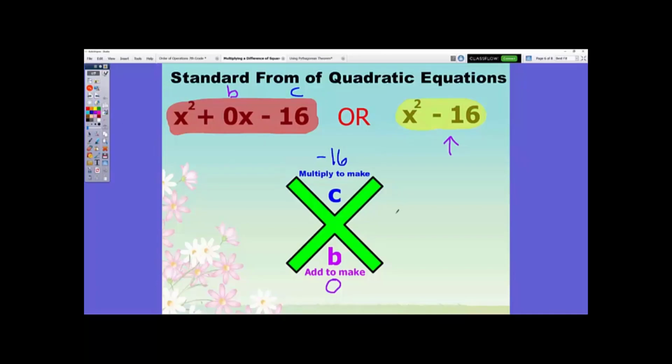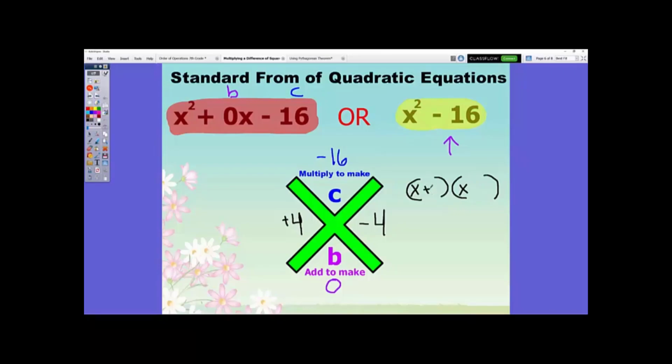Well, those two numbers are going to be negative 4 and positive 4. Negative 4 times positive 4 is negative 16. Negative 4 plus positive 4 equals 0. So once you use your x puzzles, you'll see that we end up with a difference of squares.